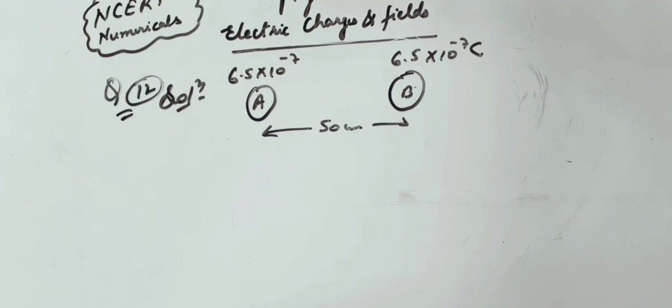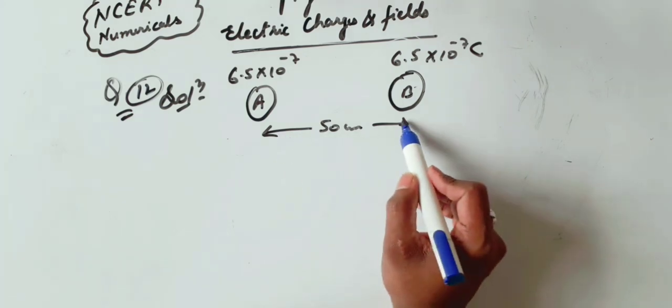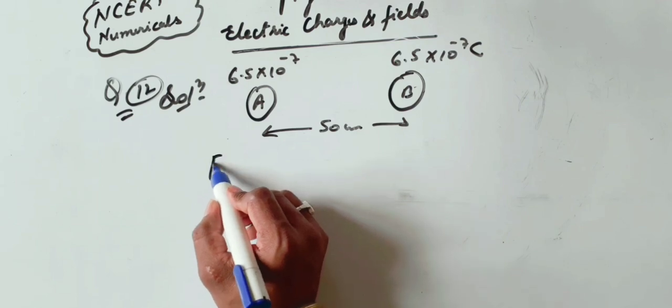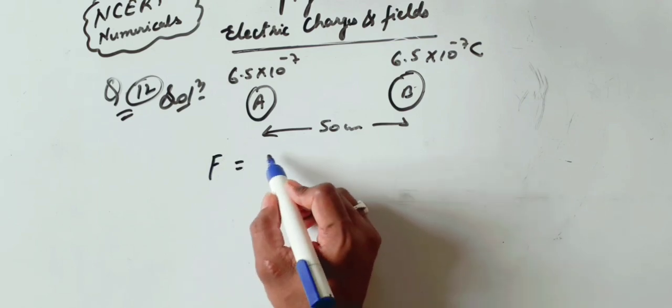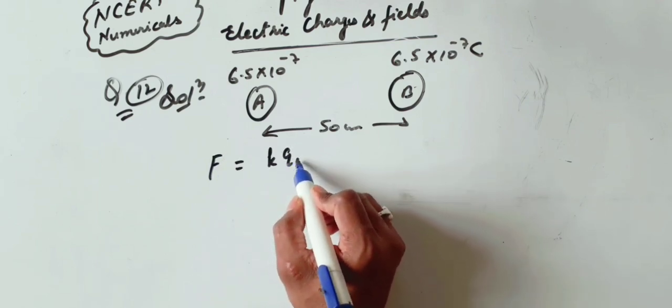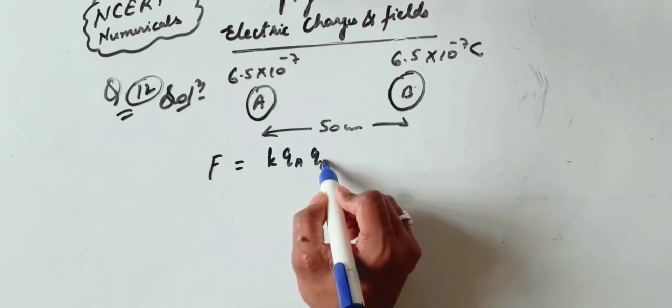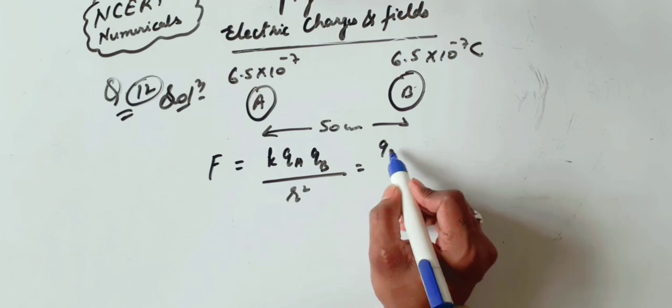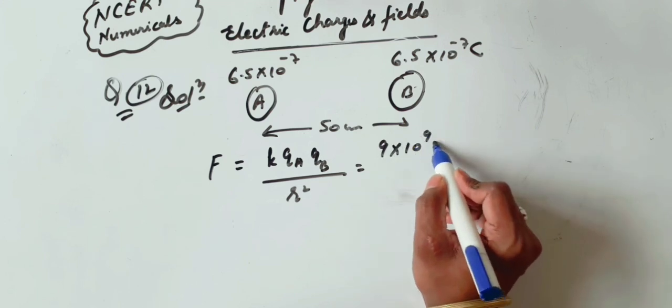So friends, here both charges are equal, and they are separated at a distance of 50 centimeter. So here the electrostatic force according to Coulomb's law will be equal to K Q A Q B upon R square. Here the value of K will be equal to 9 into 10 to the power 9.